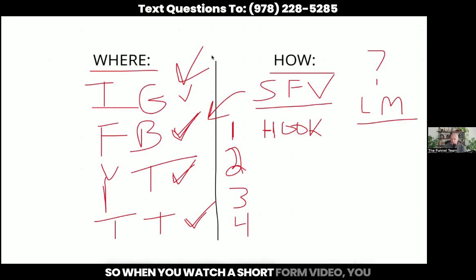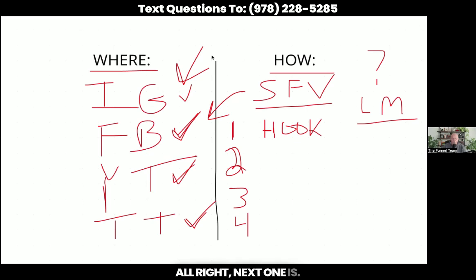So when you watch a short form video, you have about 3 seconds to hook them in. I mean, that's it. That's literally it. You got about 3 seconds to hook them in. So you're going to have to practice and get really good at your hooks. Again, depending on your niche. If you're a carpenter, if you're an electrician, if you are a plumber, if you're in real estate, if you're selling insurance, I'm sure you can come up with some really tasty hooks that maybe dive into some pain points in and around that hook.